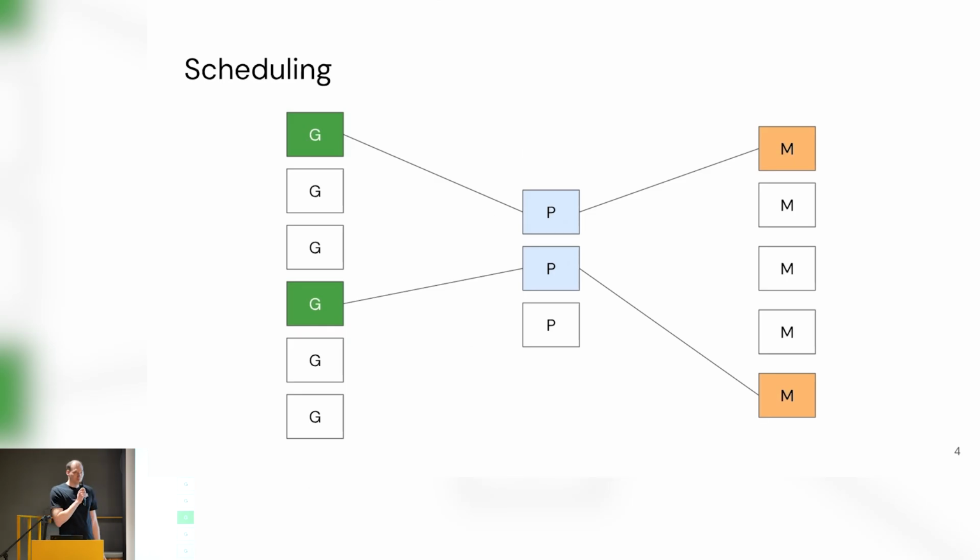So one of the things that the runtime is doing is actually running your program. It takes your GoRoutines and schedules them onto processors, which then run on operating system threads, which are referred to as machines in the runtime.